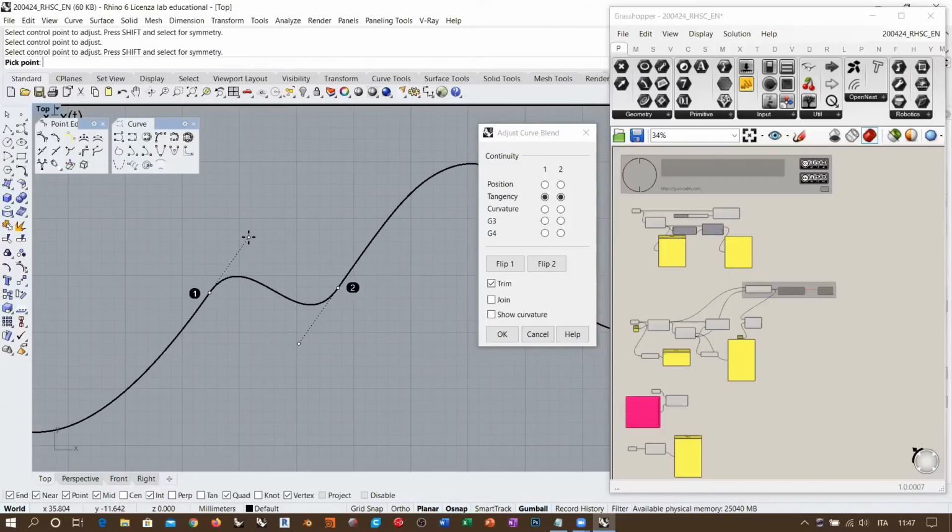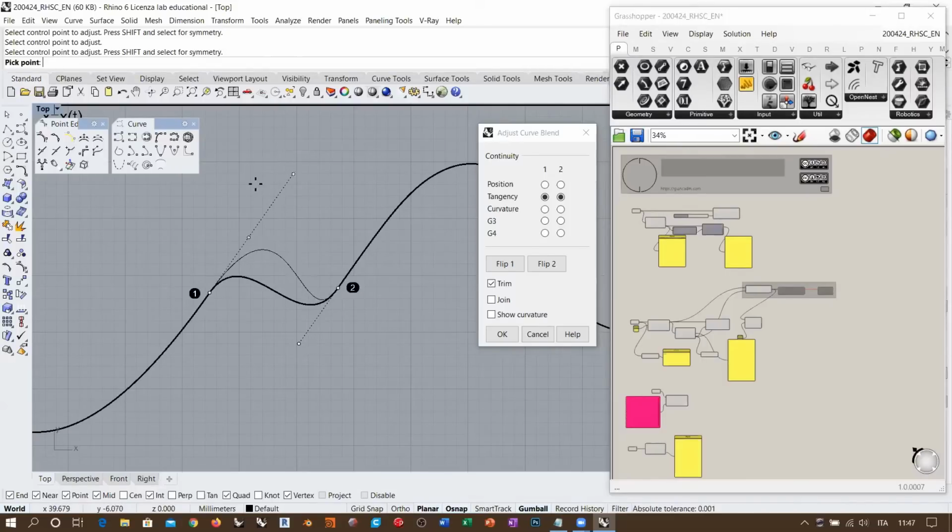So if I click on this point, I can now move the mouse and move this control point away or closer to the connection point. And you see that I cannot move this point away from this direction because this is defined by the tangency condition. So this point is forced to stay on that line, virtual line, okay?